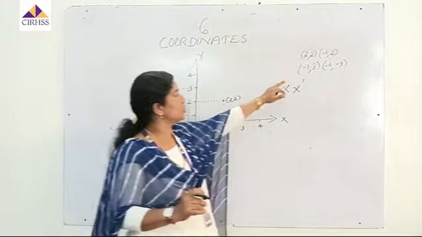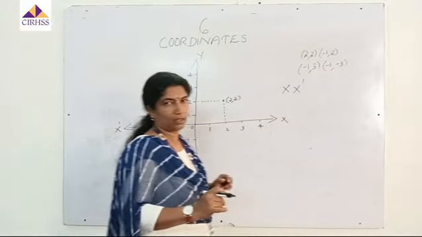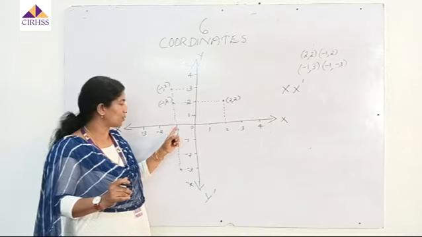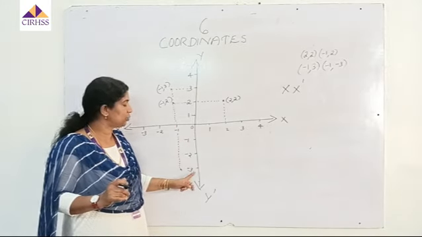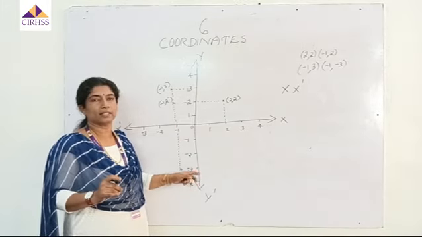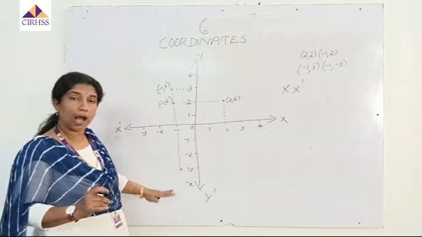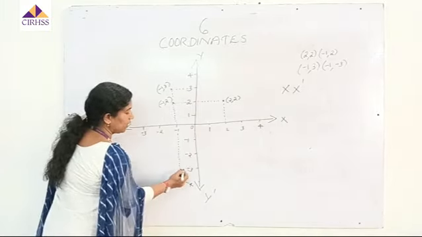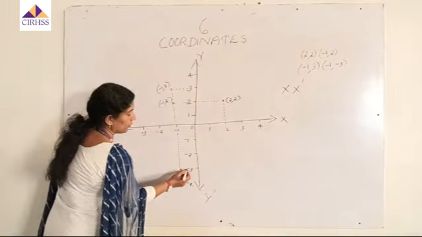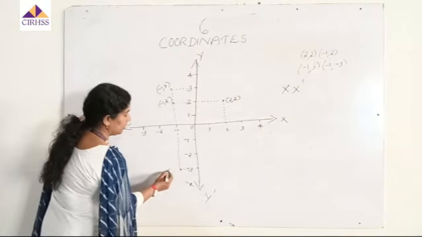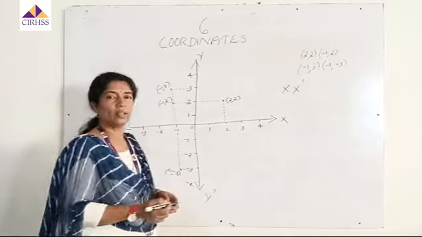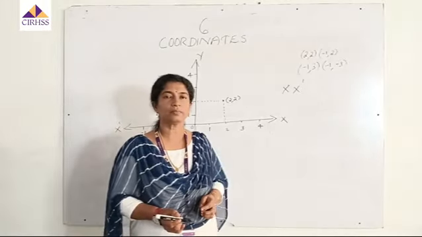Next, (-1, -3). -1 on the x-axis, that is the x coordinate, and -3 on the y-axis, that is downwards. That gives (-1, -3). Okay, is it clear?